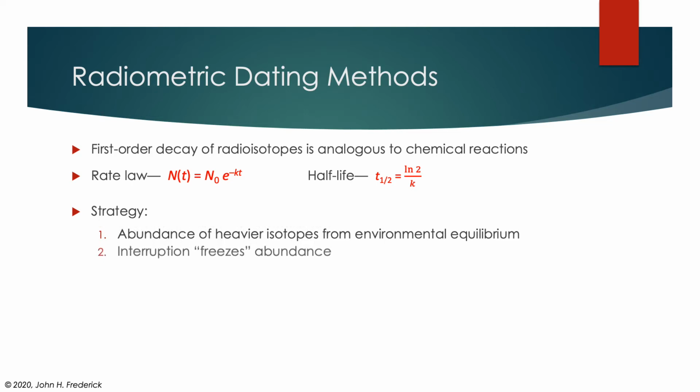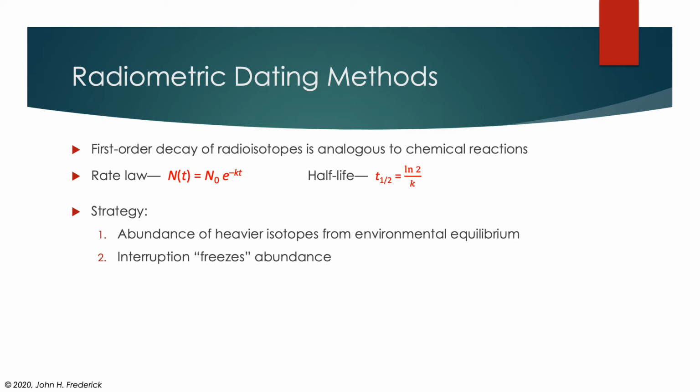All isotopes, at least that we encounter, typically have some kind of mechanism where they're in an equilibrium in the environment. A process could come along, though, that freezes their interaction with the environment. In the case we're going to be talking about, that thing that interrupts the interaction with the environment is death. But in some instances, it may just be that a piece of matter, an isotope, becomes separated off.